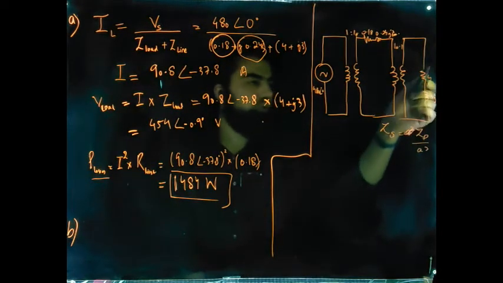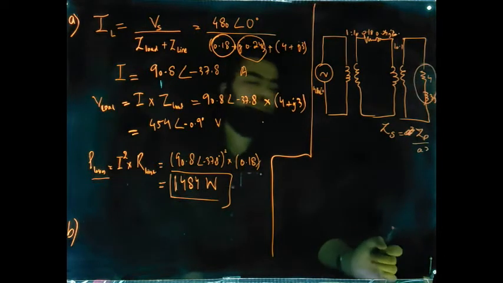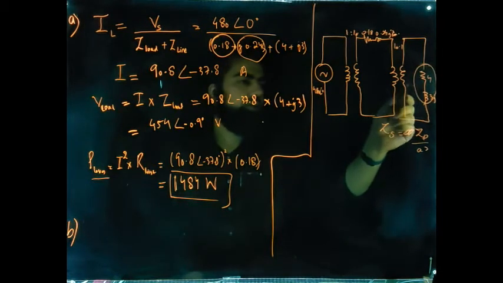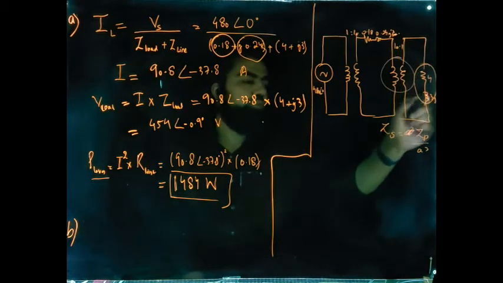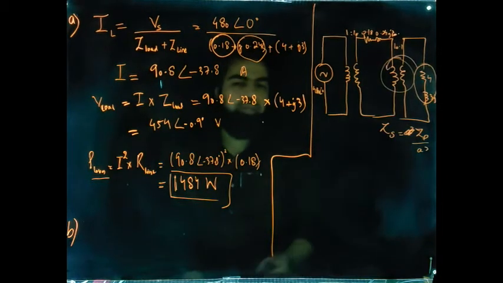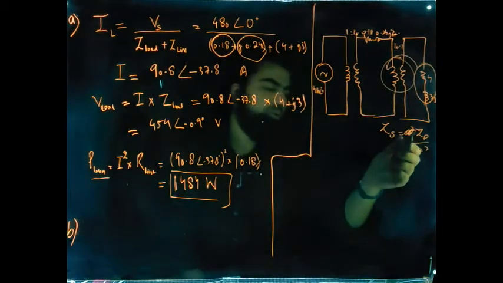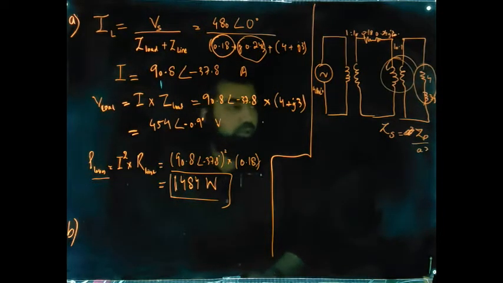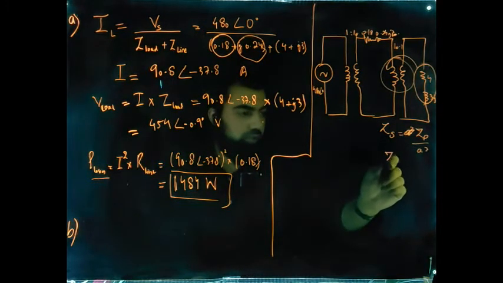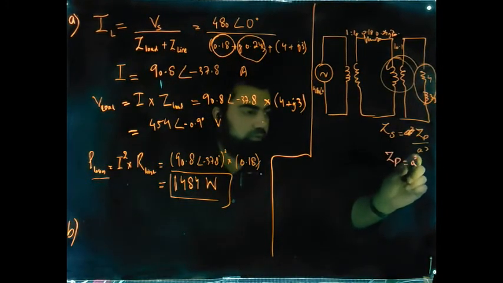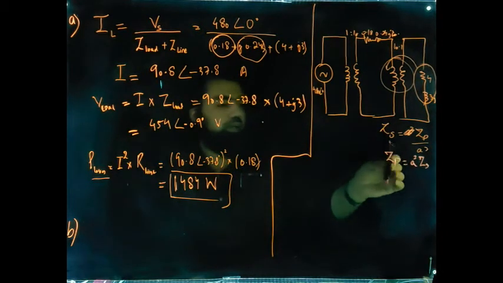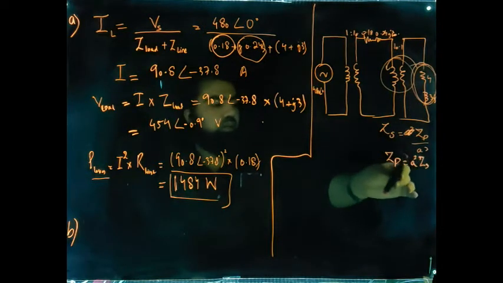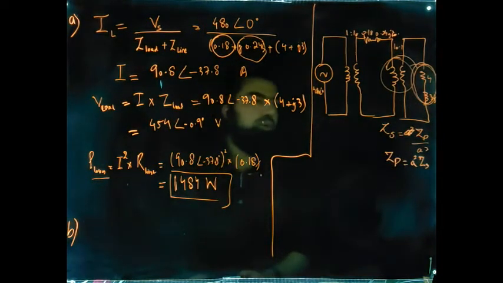So if we want to transform this impedance, which is on the secondary of this transformer and is 4 plus 3j, to the primary side, we have to multiply Zs by A squared to transform it to the primary side.